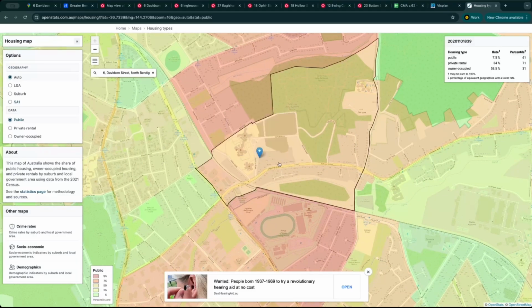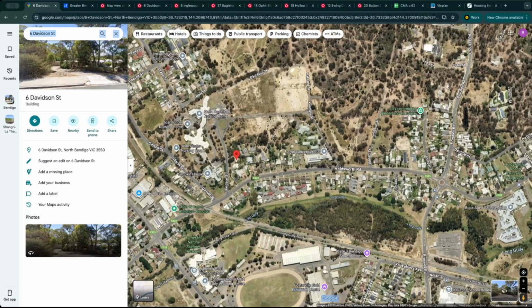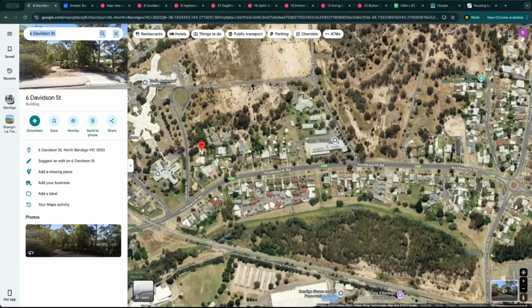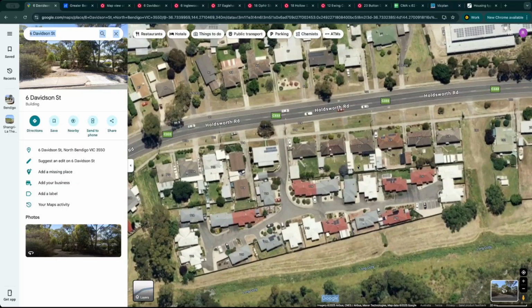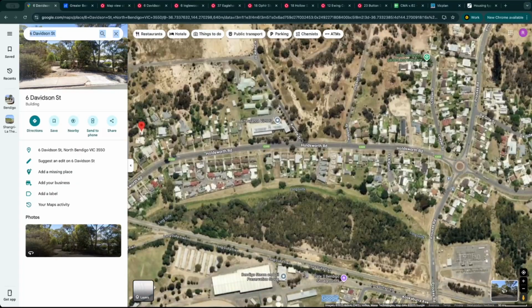Given that this is a very small pocket for residential property, the only residential properties are literally in this pocket and up here. The rest of it is a reserve or commercial facilities. What this tells me is that about 7% of the properties literally on this street are public housing properties, which again isn't the end of the world.